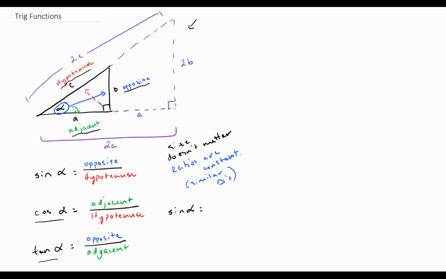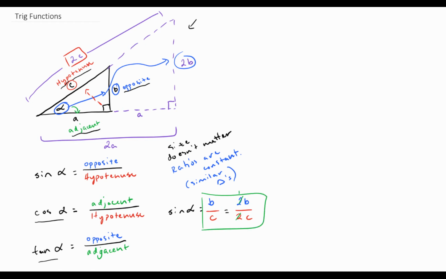The sine ratio of the smaller triangle is the opposite side, b, over the hypotenuse, c. With the larger triangle, the opposite side is 2b and the hypotenuse is 2c. Well, 2 divided by 2 is just 1. So I get b over c equals b over c.